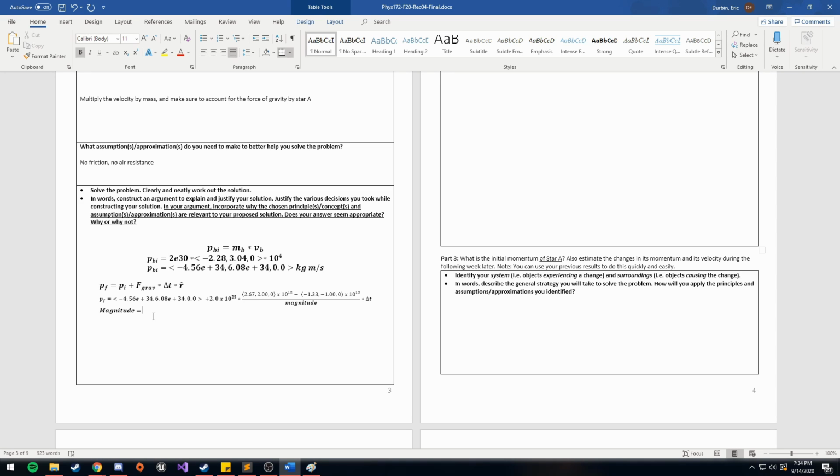What did you guys get for the unit vector for position from B initial to A initial? Would that be R_B minus R_A? Give me a sec. I got 4, 3, and 0.